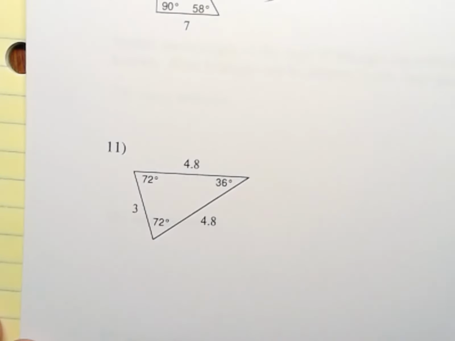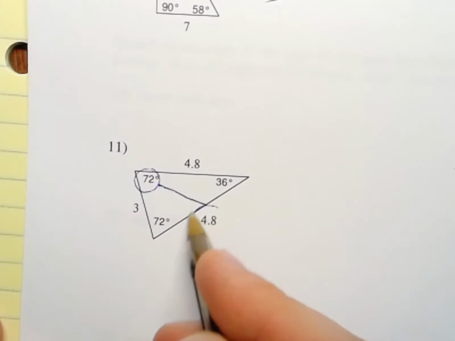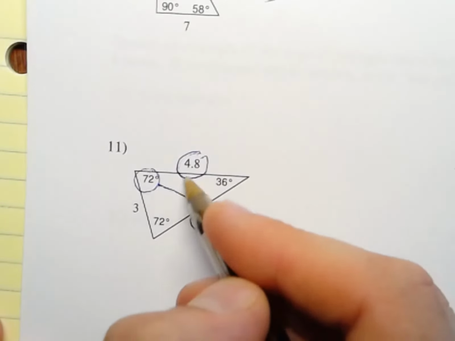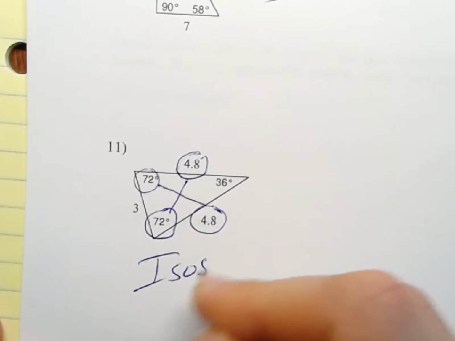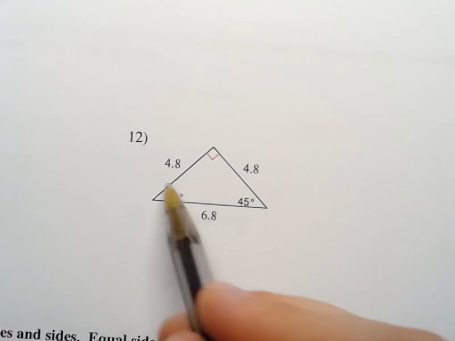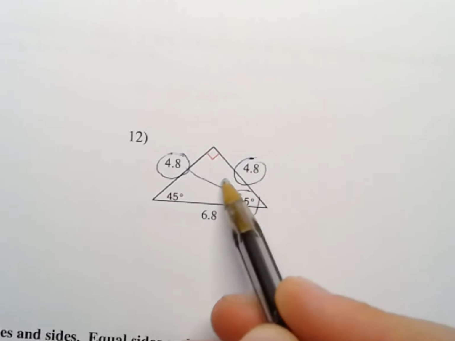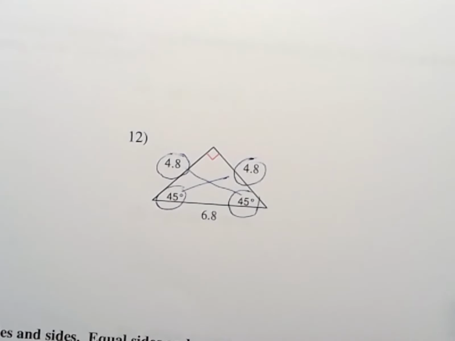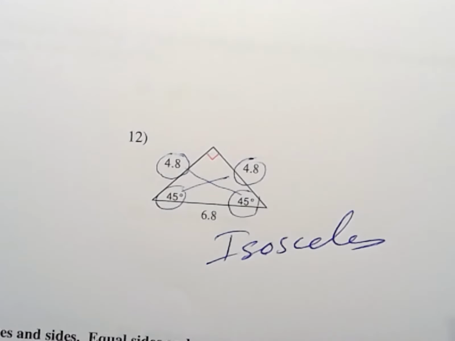Here we have a 72 across from a 4.8 and a 72 across from a 4.8, so this is isosceles. Here we have a 4.8 across from a 45 and a 4.8 across from a 45, so this is also isosceles.